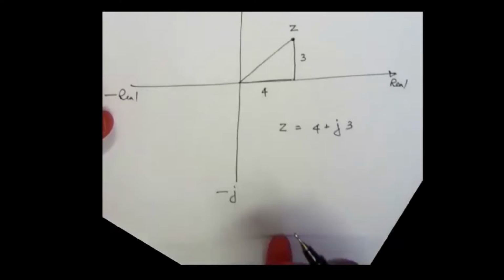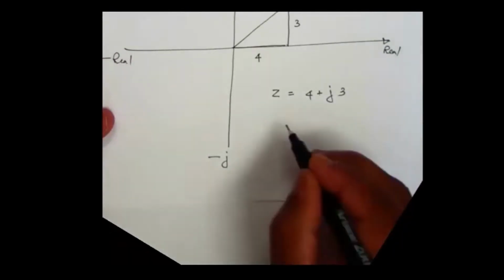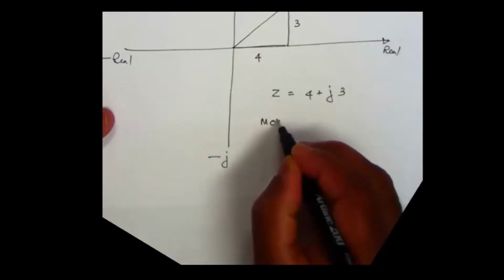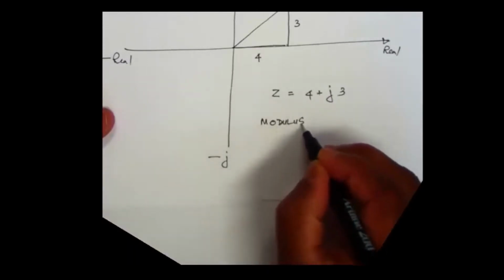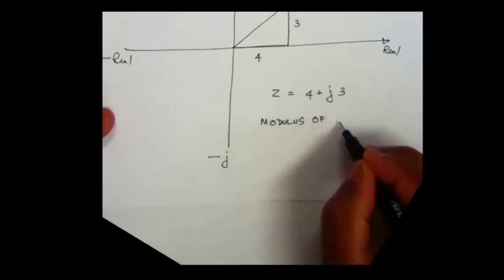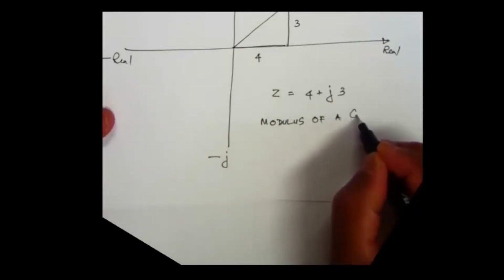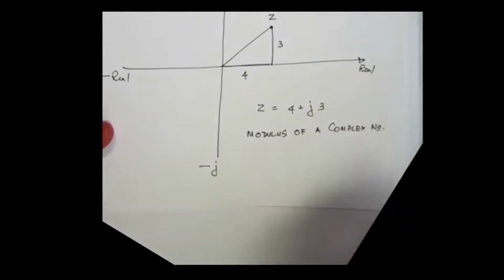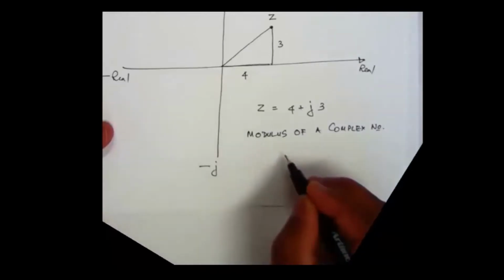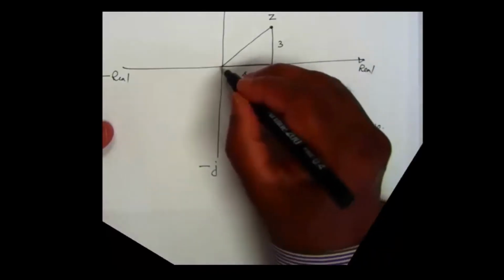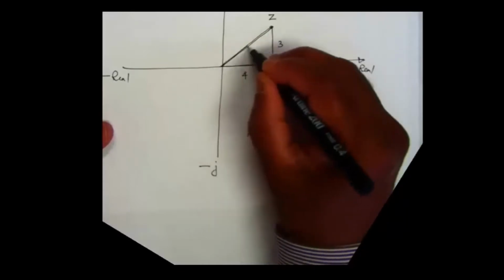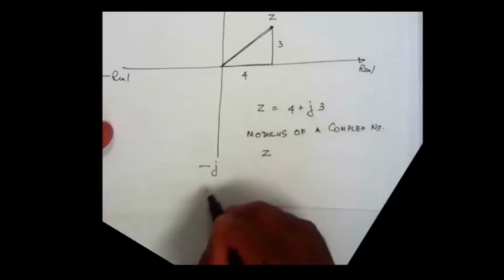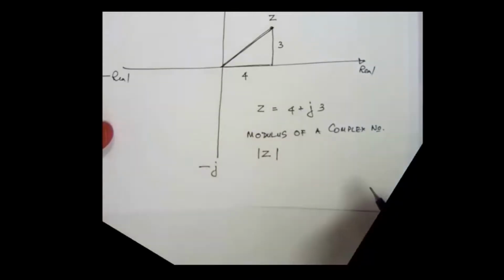Now we are going to define something called the modulus of a complex number. The modulus of a complex number is defined as the magnitude of this phasor, and normally we write it like this, right?